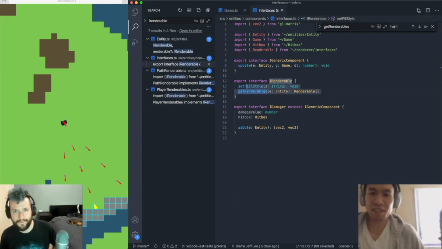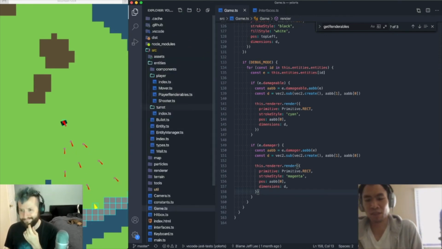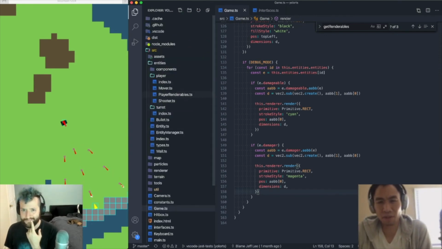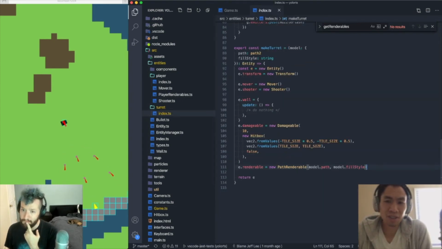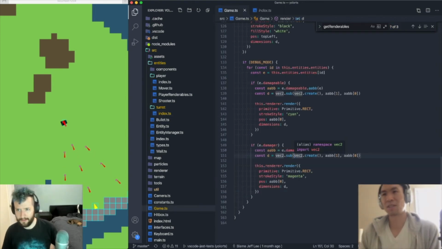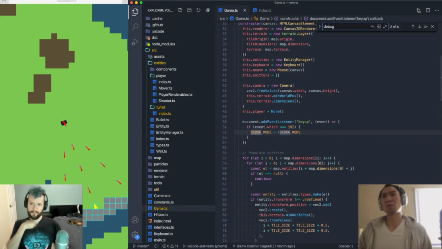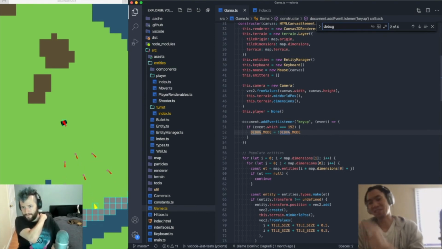I actually think this is the way debug mode should work, is that every entity emits its own renderable. That makes sense. Or if we do ECS, there's a system that looks over shooter components and that kind of thing. There's a lot of different ways that we could do this.